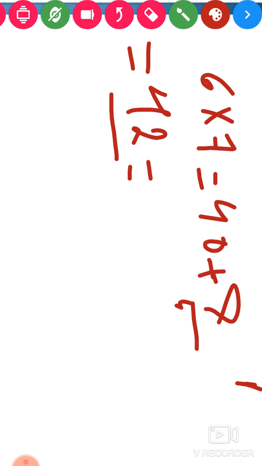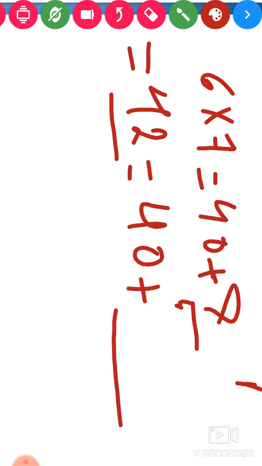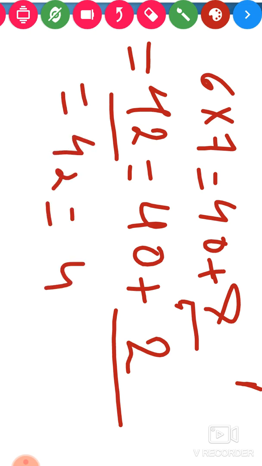Okay, now how much will you add to 40 to get 42? How much will you add to 40 to get 42? 2. So 42 is equal to 42.